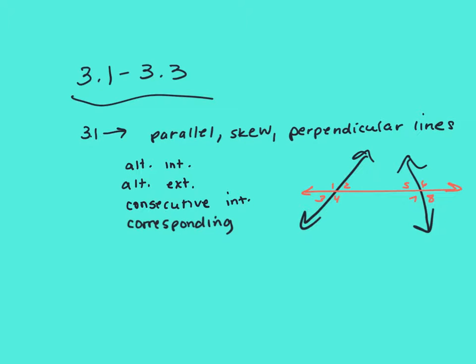Alternate interior could be 2 and 7, 4 and 5. That's hard to read, sorry. Alternate exterior would be 1 and 8, 3 and 6.